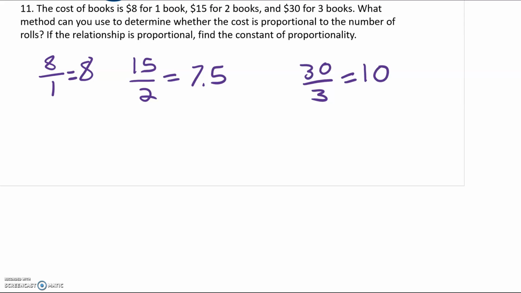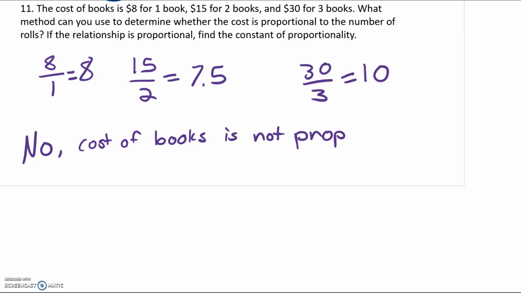So if we look at them, are they proportional or not? Yep, you're right. It is not proportional. So no, cost of books is not proportional to the number of books.